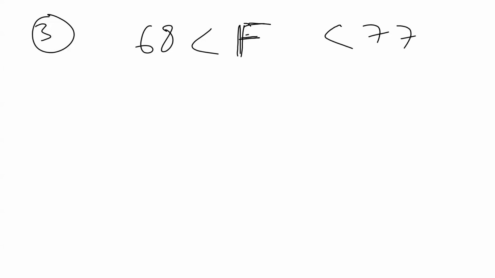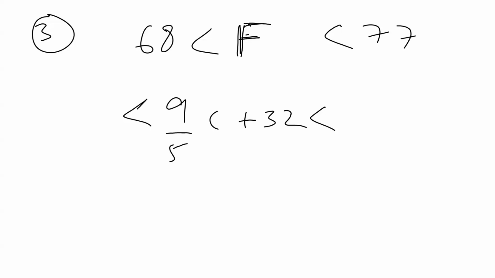But in between 68 and 77, there is no equal to. Now they have given one formula: F equals 9 by 5 C plus 32. It's a fixed formula, Celsius to Fahrenheit.